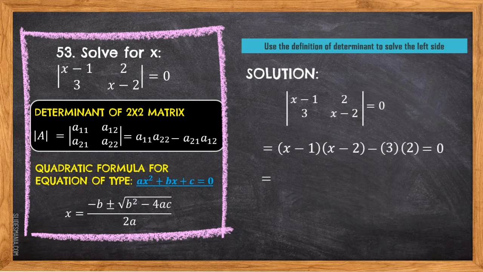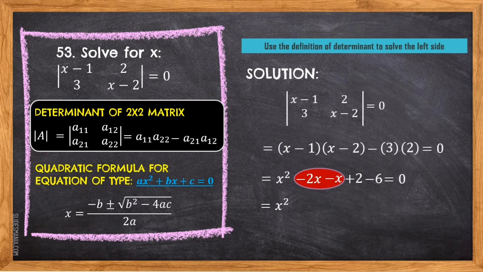Applying the FOIL method, x times x is equal to x squared. x times negative 2 is equal to negative 2x. Negative 1 times x is equal to negative x. Negative 1 times negative 2 is equal to positive 2. Negative 3 times 2 is equal to minus 6, which is equal to 0.